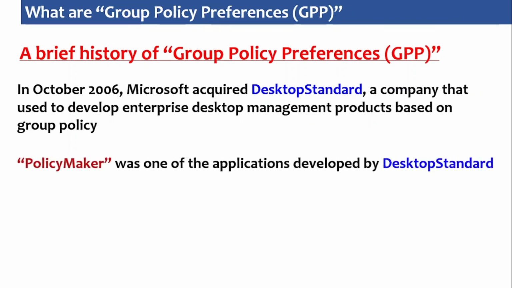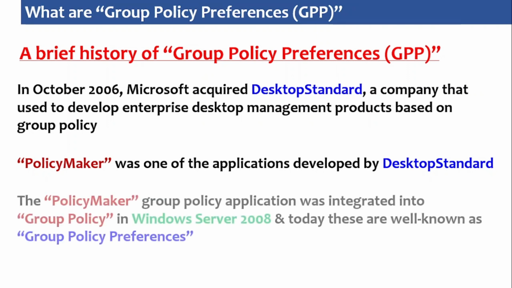One of the tools developed by Desktop Standard was named Policy Maker. Microsoft integrated this Policy Maker tool in Windows Server 2008, and today we know this as group policy preferences.